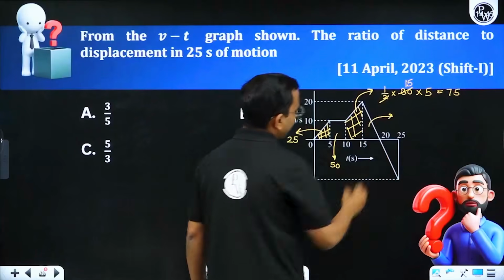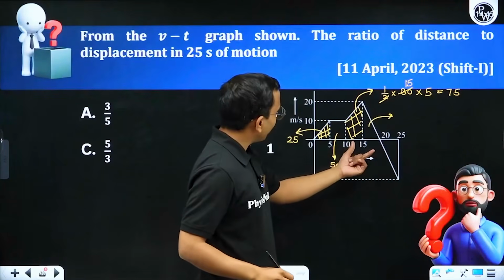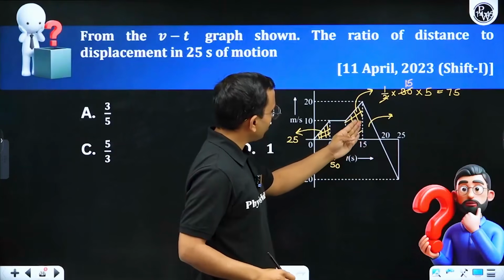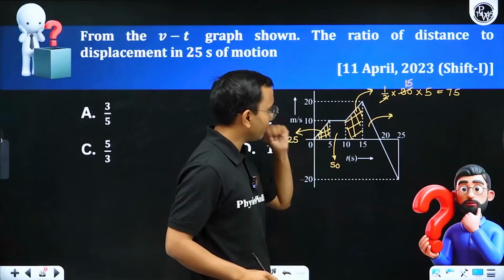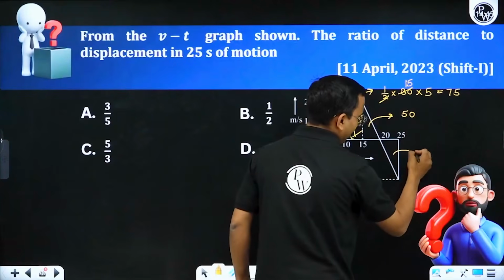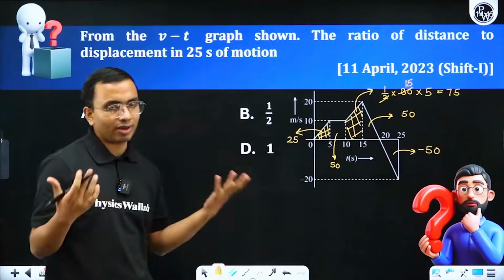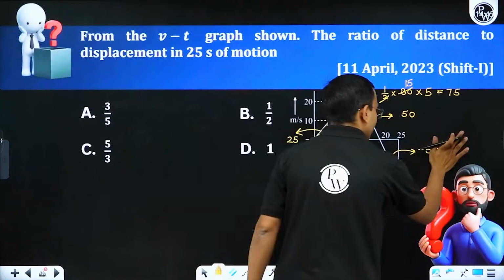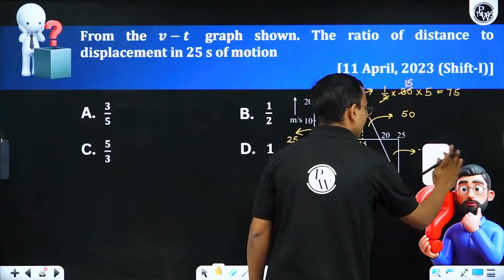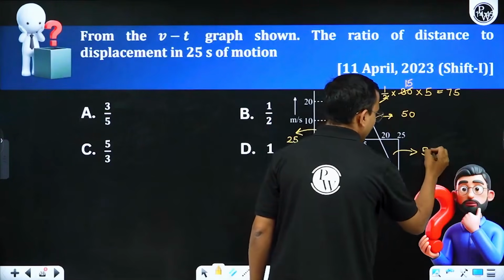For this, how much is the area? Base is how much? 5. Height is 20. 1 by 2 into 20 into 5, 50. Here the area is minus 50. Okay, or if I am writing magnitude, I may just write 50, but for distance and displacement, you need to consider the sign accordingly. The area is 50.